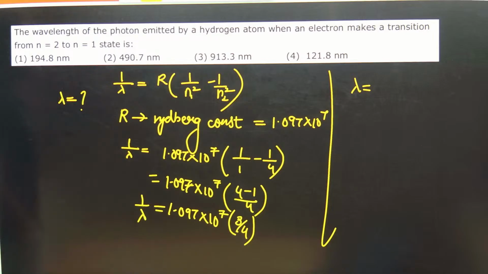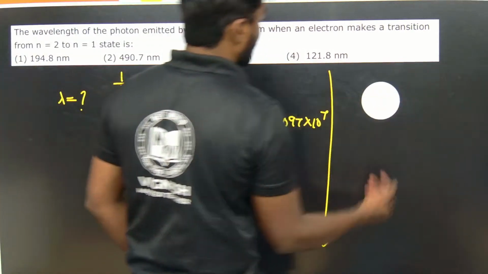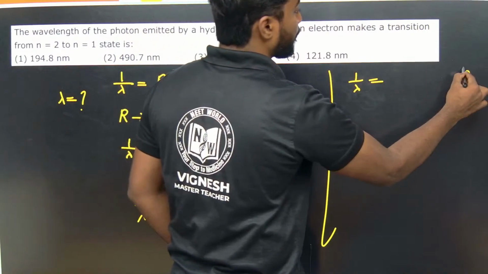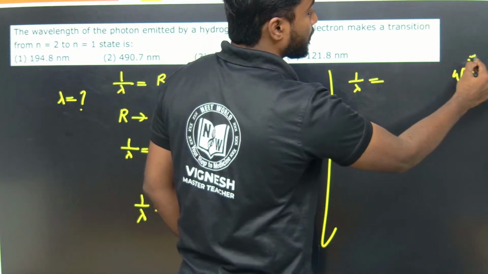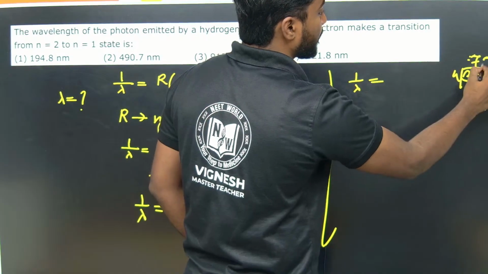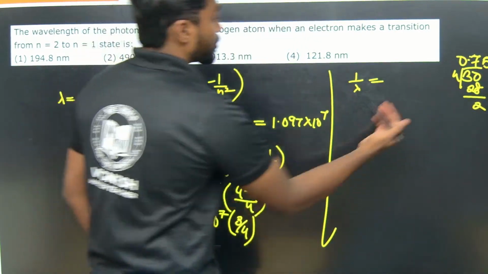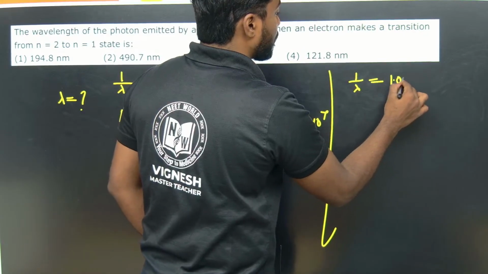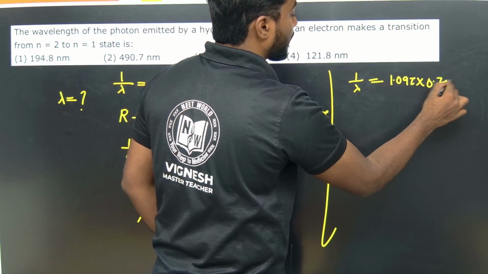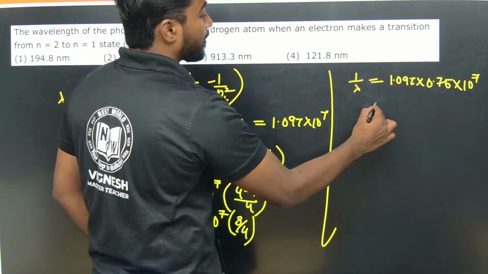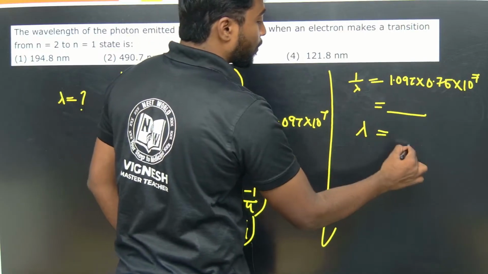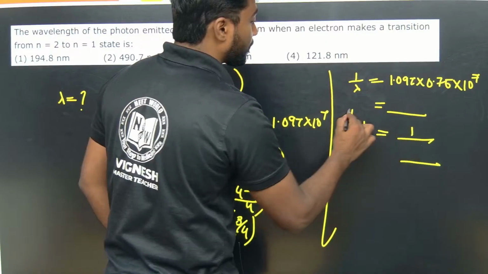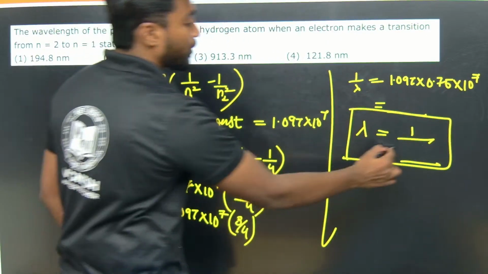So 3 by 4 is 0.75. So I should do 1.097 into 0.75 into 10 power 7. I will get some value here. Now lambda should be equal to 1 by that value which I calculate.